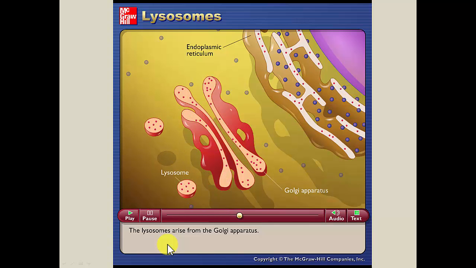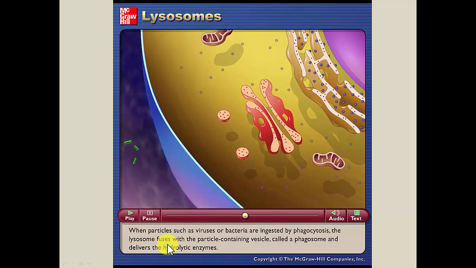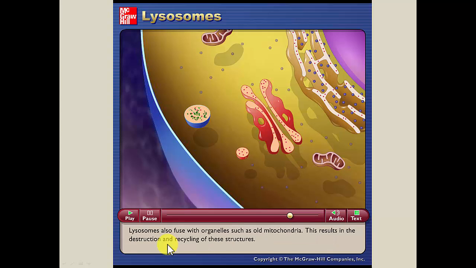When particles such as viruses or bacteria are ingested by phagocytosis, the lysosome fuses with the particle-containing vesicle, called a phagosome, and delivers the hydrolytic enzymes. Lysosomes also fuse with organelles, such as old mitochondria. This results in the destruction and recycling of these structures.